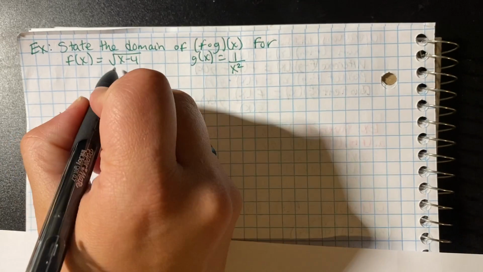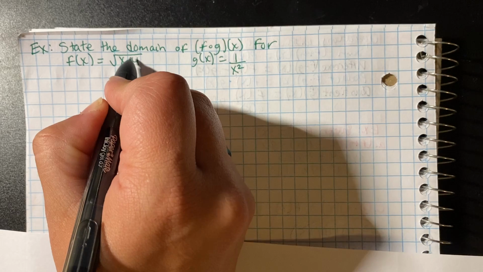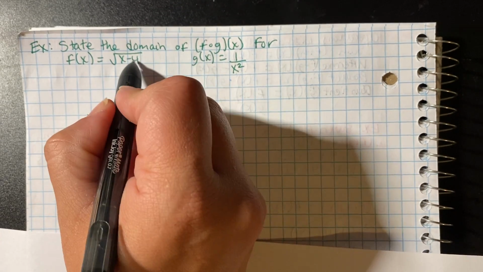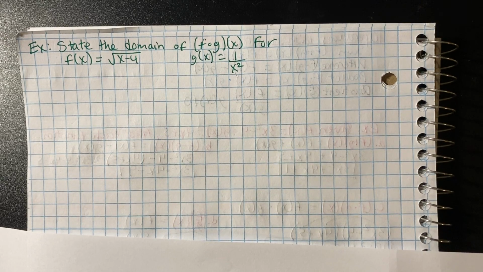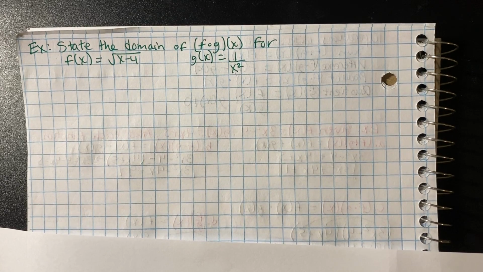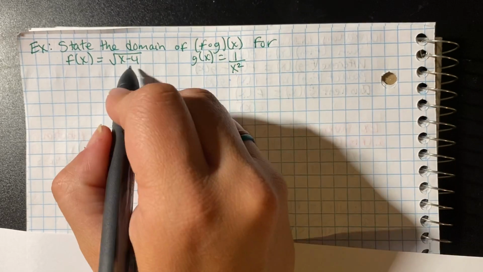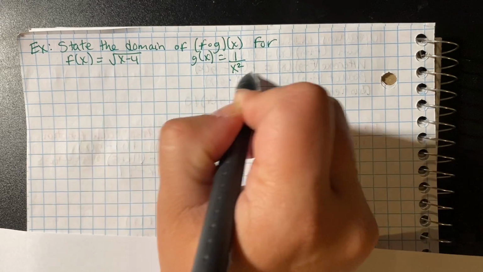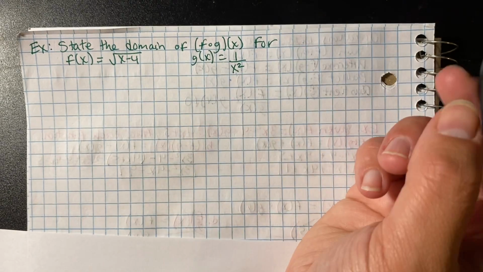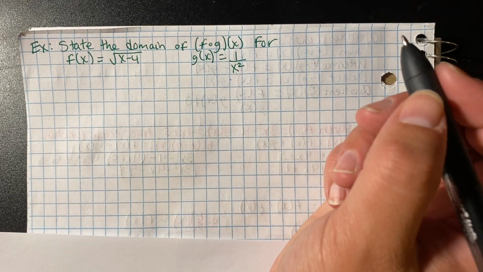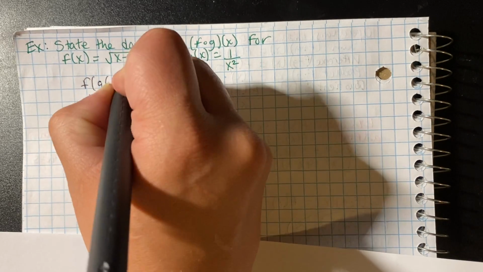So we're going to find the domain of this. We need to find out when these aren't going to work, and then we have to find what f of g of x is going to be. So we'll start with f of g of x.